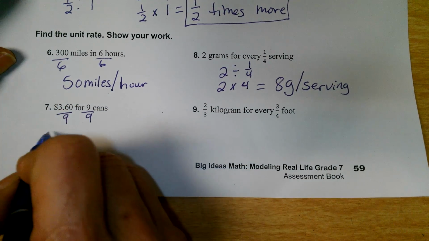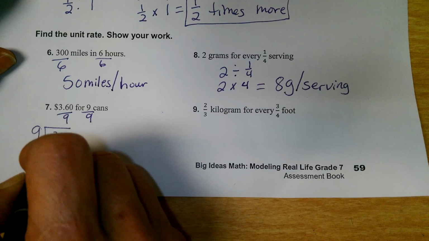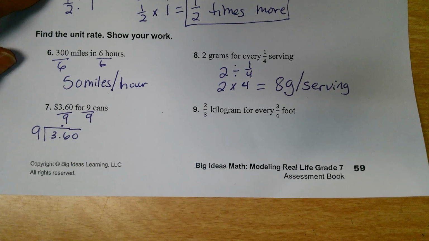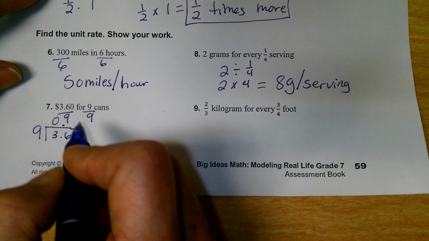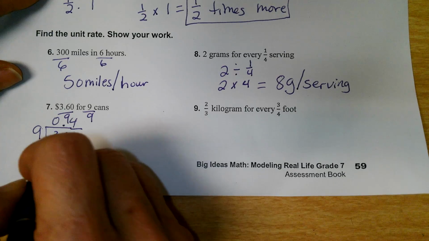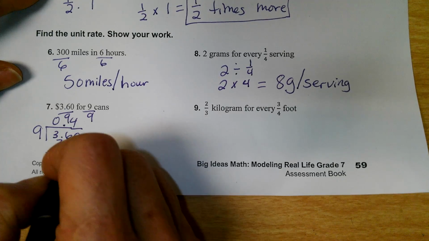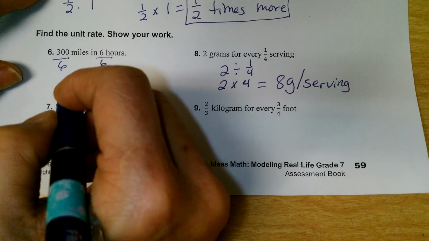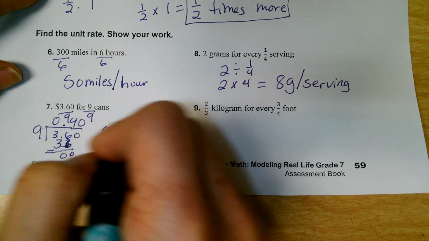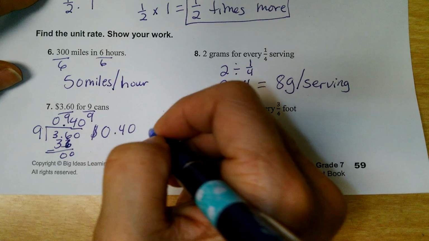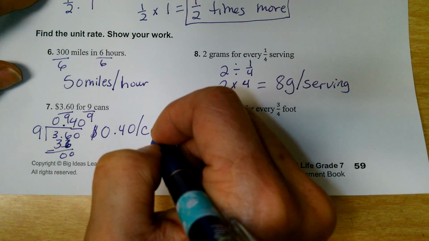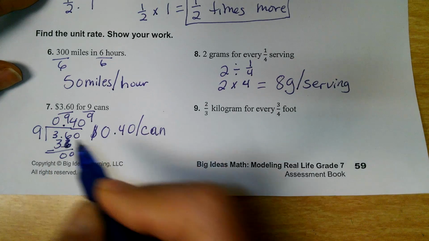Now remember, 9 divided into $3.60. Watch your decimal, place your decimal on top. And then you're going to go 0. 9 goes into it 4 times. So that's 36. Subtract, you get 0. So it's going to be 0.40 dollars per can. Sorry about that, a little messy.